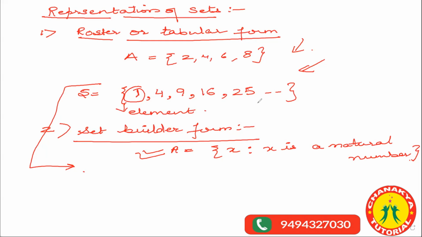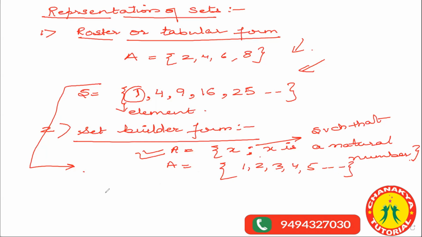In roster form you can write 1, 2, 3, 4, 5, and it can go till infinity. Clear?